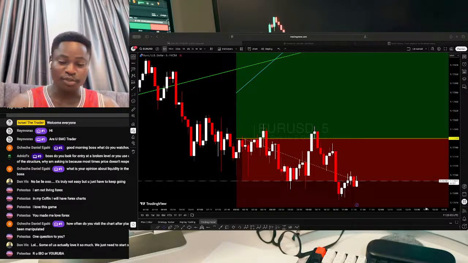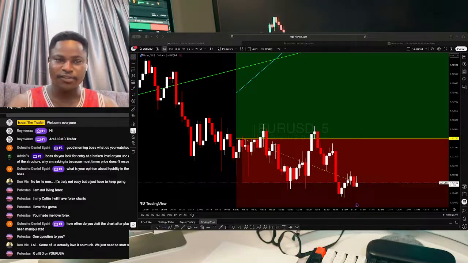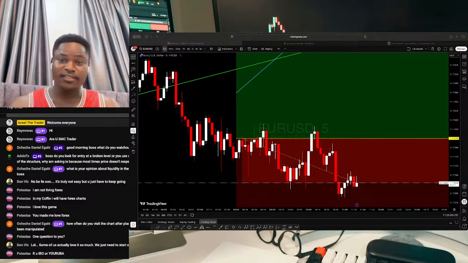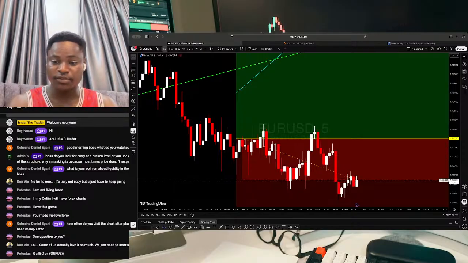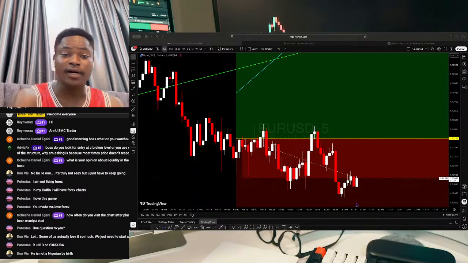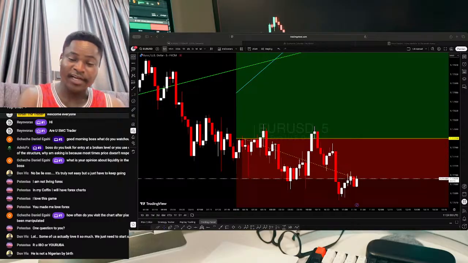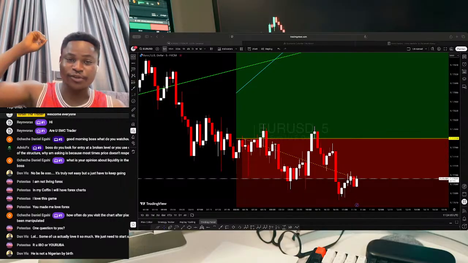What they do is they check sentiment: the percent of traders who are buying and the percent who are selling. If they see that buyers are much more in the market, there's a high probability of the price going to the downside, which is a sell. And that sell is just a fake out. Once it goes down, boom, it's going to push up to the upside.